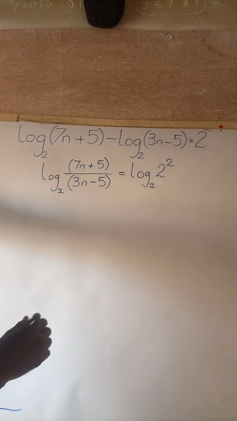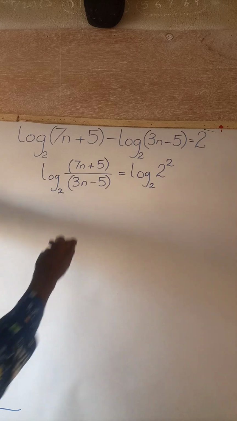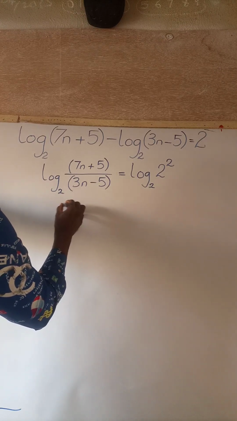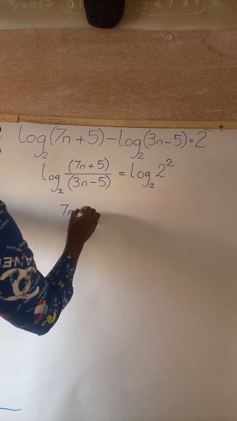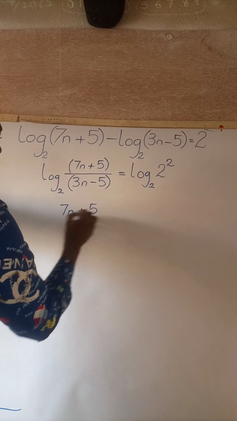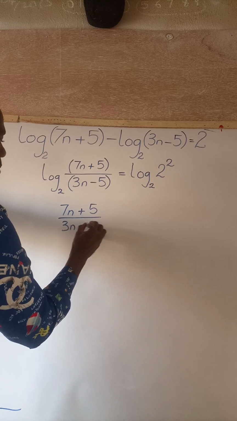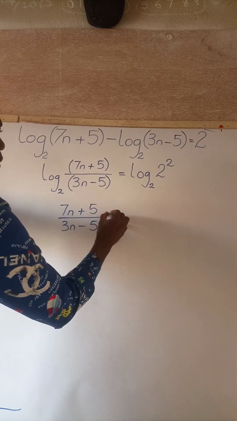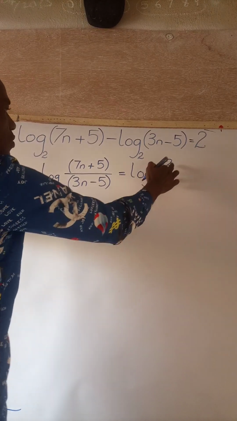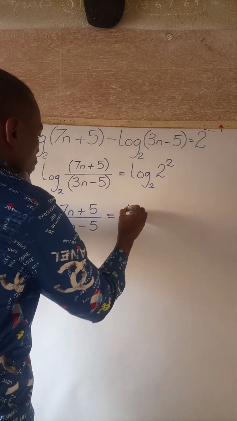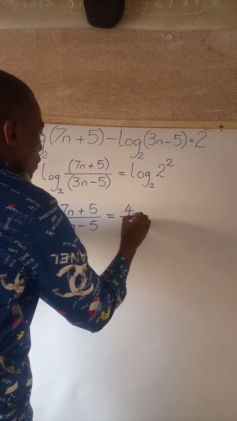So when the log cancel each other, we will now have 7n plus 5 all over 3n minus 5 equal to 2 raised to power 2, which means 4. So we now have 4 over 1.